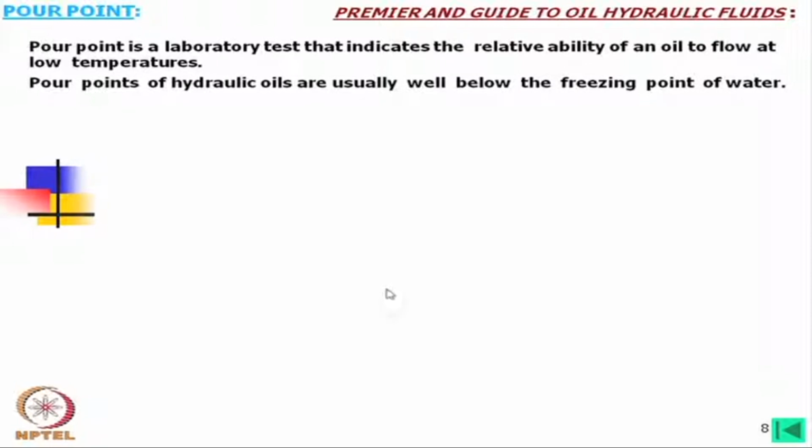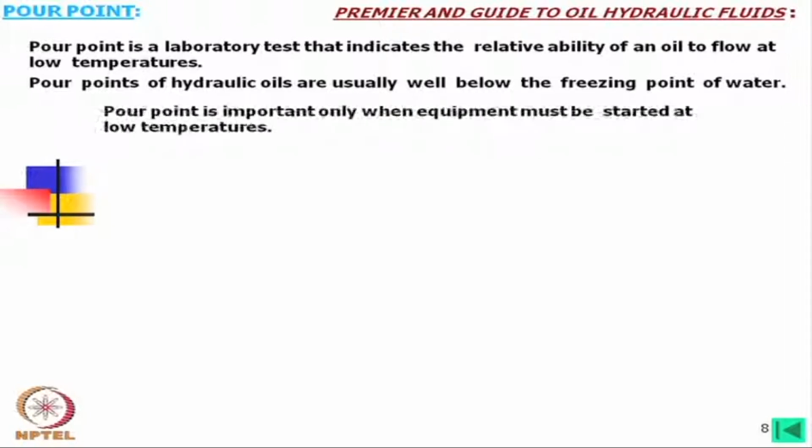Pour points of hydraulic oils are usually well below the freezing point of water. The freezing point of water is 0 degree centigrade, so this might be below that. Pour point is important only when equipment must be started at low temperatures.